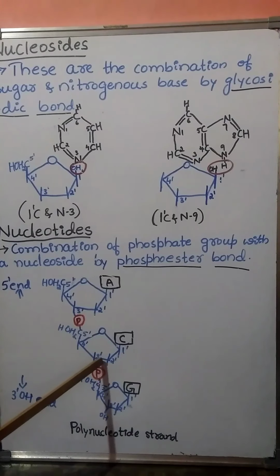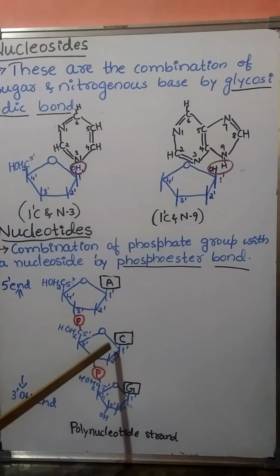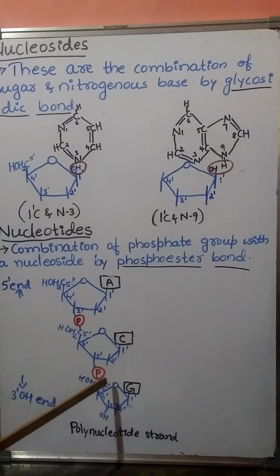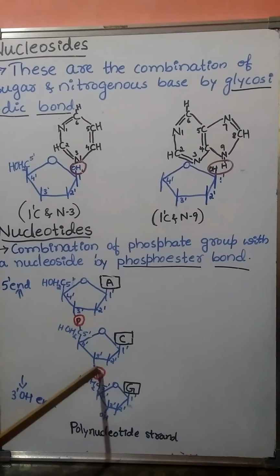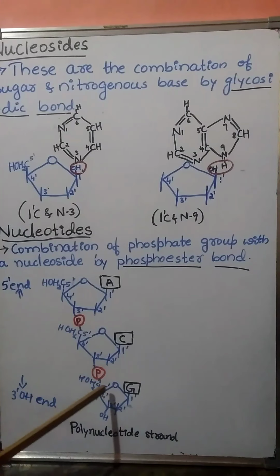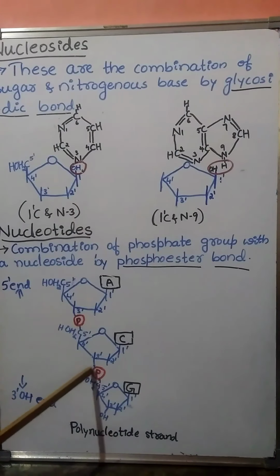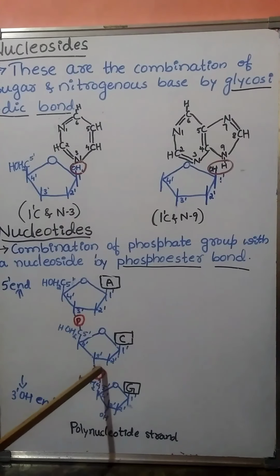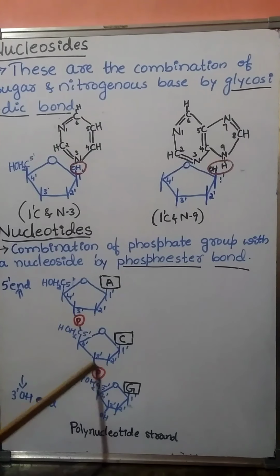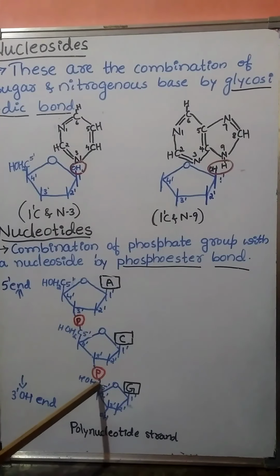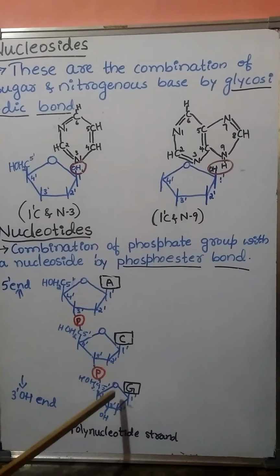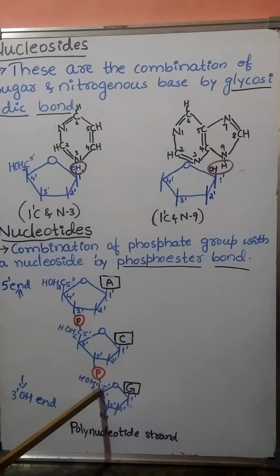See, this is the 3' end of one nucleotide and this is the 5' end of another nucleotide. Between these two, the 3' and 5' ends, a phosphate group is attached by forming a phosphodiester bond, two ester bonds. Then a dinucleotide is formed.